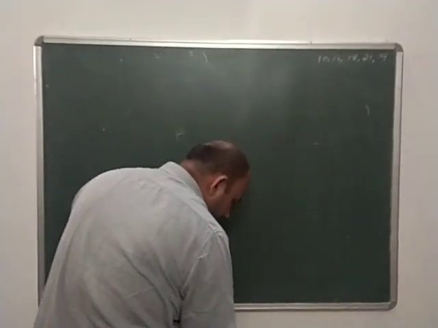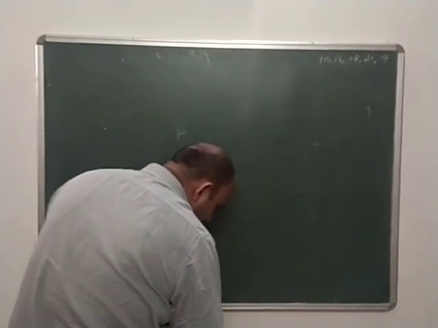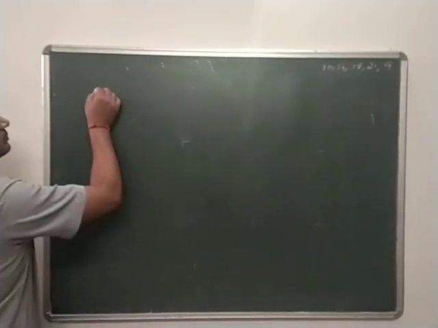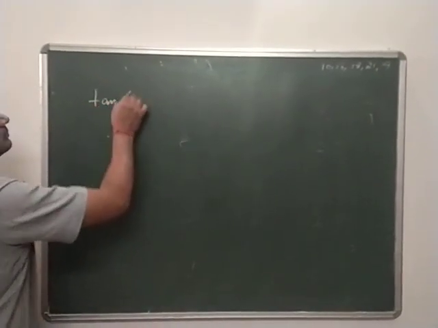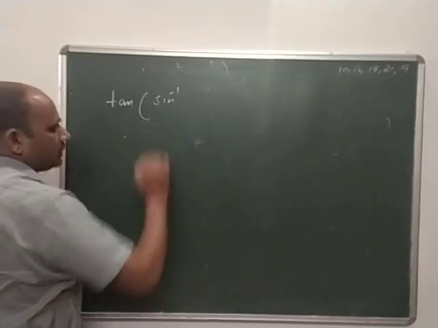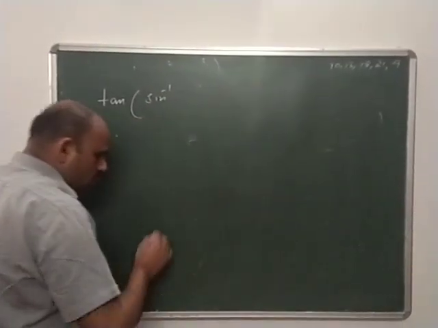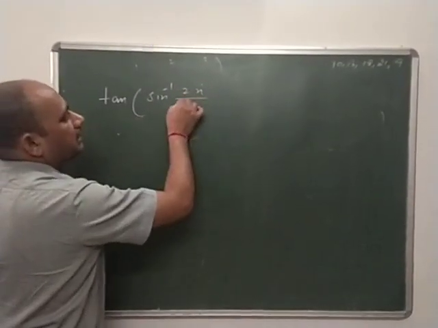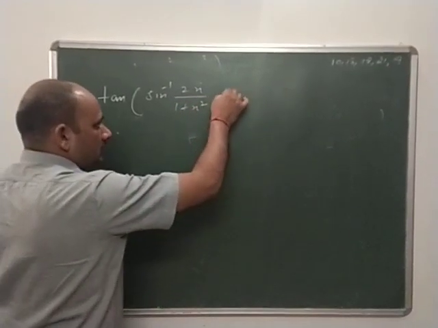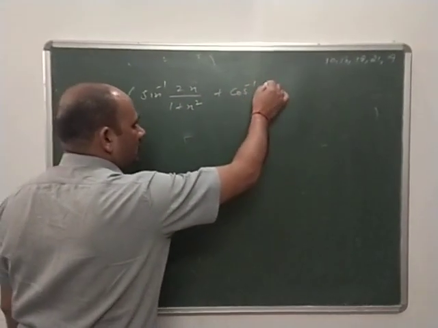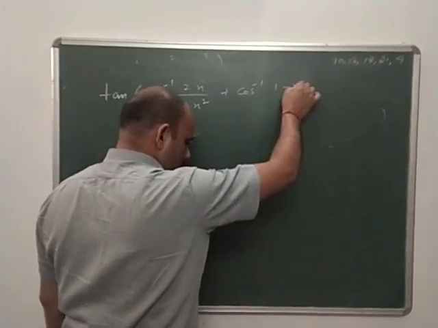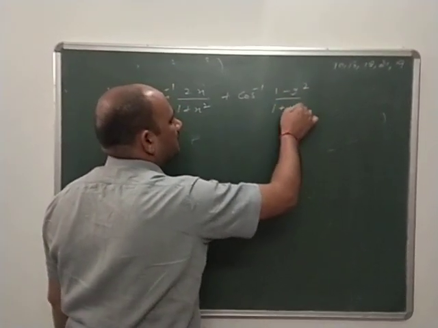Next, question number 13. Tan of half of sine inverse 2x upon 1 plus x square plus cos inverse 1 minus y square upon 1 plus y square.